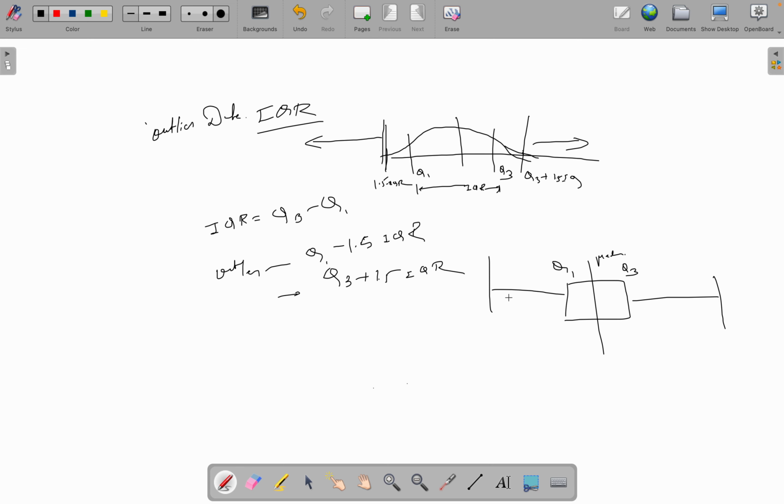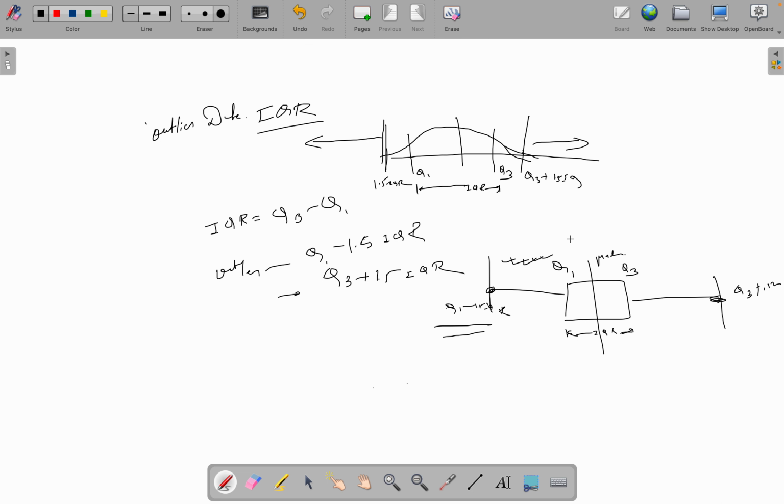Then you can see somewhere in this line Q3 plus 1.5 IQR, and this is IQR, as I explained in the box plot in statistics, and Q1 minus 1.5 IQR. Yeah, so this is one of the techniques for outlier detection which we are going to use. Z-score and IQR, these are the two techniques for continuous values which most of the time we use.